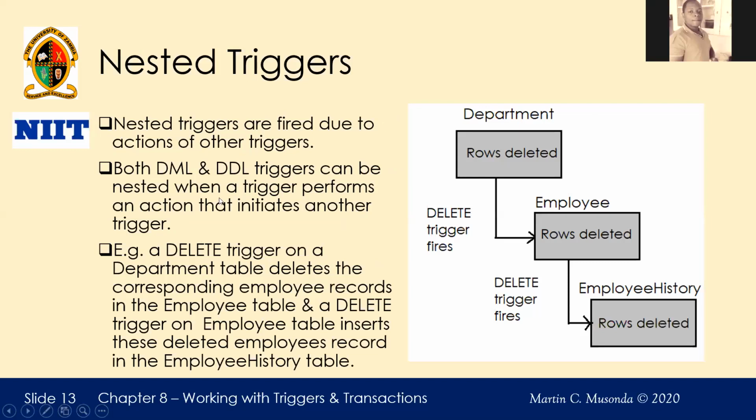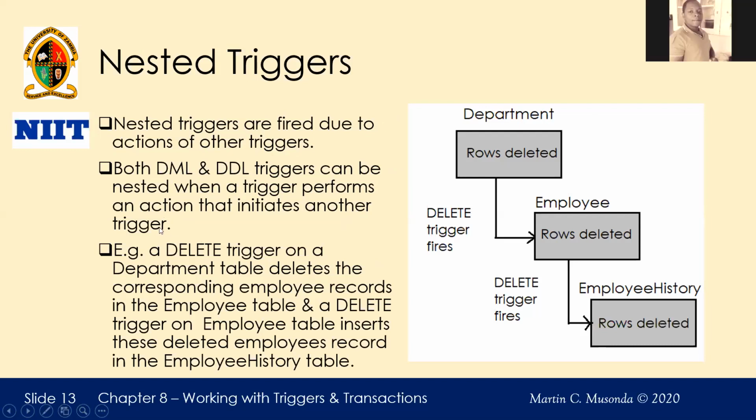Now, triggers can be nested, like we mentioned. Nested triggers are fired due to the action of other triggers. Both data manipulation language triggers and data definition language triggers can be nested when a trigger performs an action that initiates another trigger.